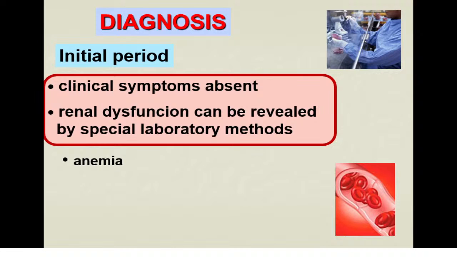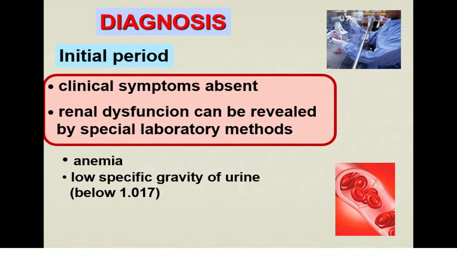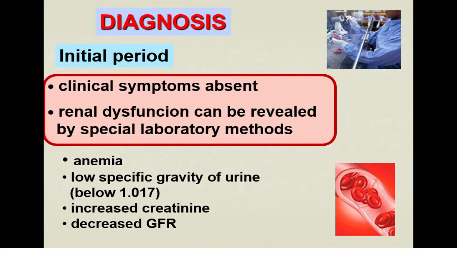We will control blood analysis to reveal early anemia because of disordered synthesis of erythropoietin. We will control urinalysis because low specific gravity indicates decreased concentrative activity of the kidney. As a result, in the blood there will be an increased level of creatinine and decreased glomerular filtration rate. I'll draw your attention: the main objective index of renal failure is decreased glomerular filtration rate.